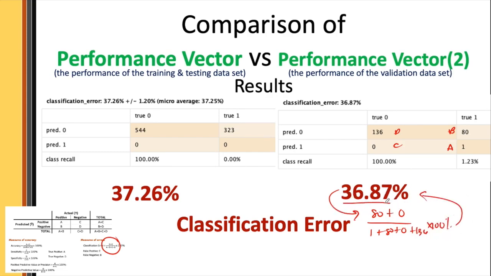Since 36.87 is less than 37.26%, this shows that the performance of the validation dataset is better as compared to the performance of the training and testing dataset. Again, classification error is a measure of error, thus the lower the value, the better.